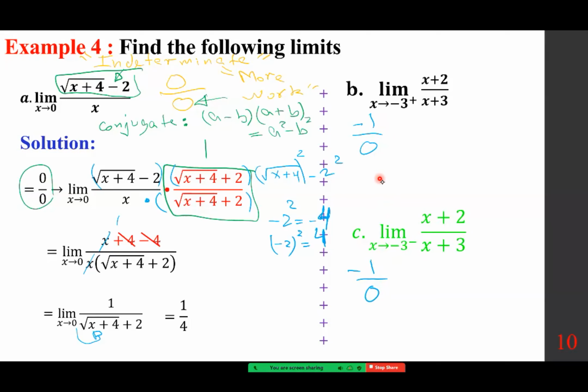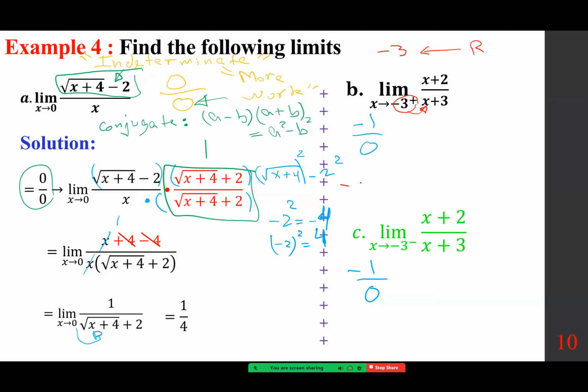So how do you check it? Pay attention to the methodology that I'm going to show you. So I'm going to plug in an example of negative 3 from the right side. The right side of negative 3, you can even use negative 2, but it's way too far.